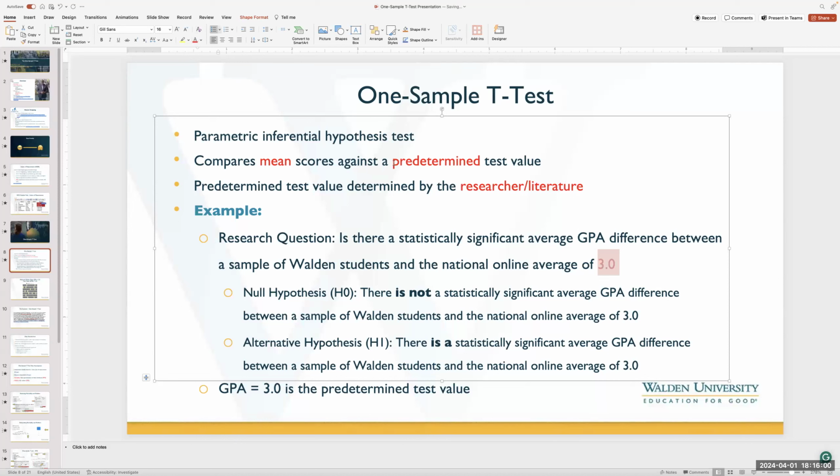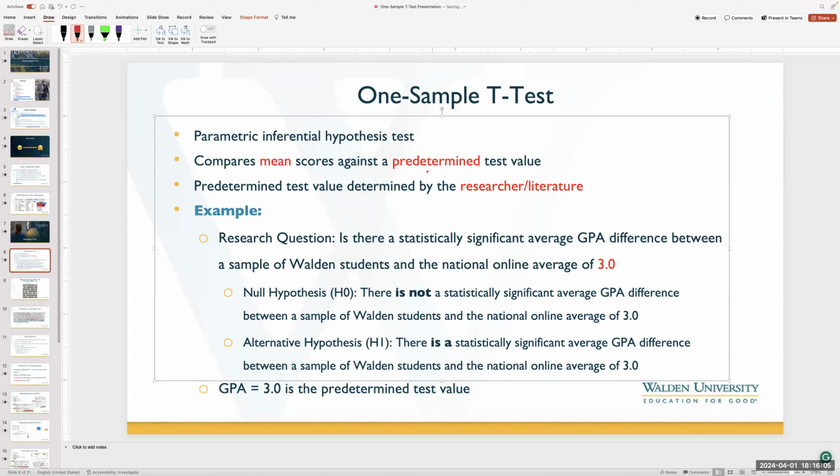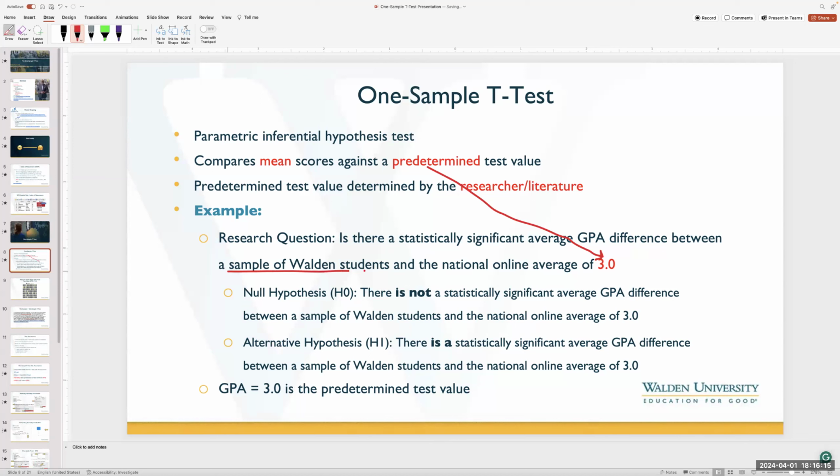So remember when we said a predetermined test value, that is the predetermined test value here, 3.0. And we want to know, on average, do our Walden students have an overall higher GPA than this national online average of all the students taking online courses? How well do we line up against other universities around the nation in terms of our GPAs? That's what we use the one sample t-test for.